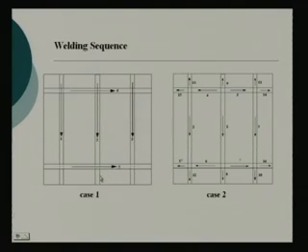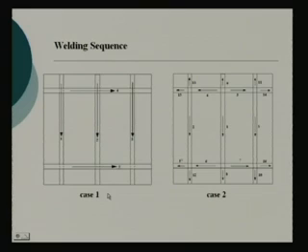If you take a look at case 1, what is being done is as if we have positioned the stiffeners, there are 5 stiffeners, 3 longitudinal, 2 transverse. So, we have positioned the stiffeners and the first stiffener is welded, right, then the second stiffener is welded, then the third stiffener is welded.